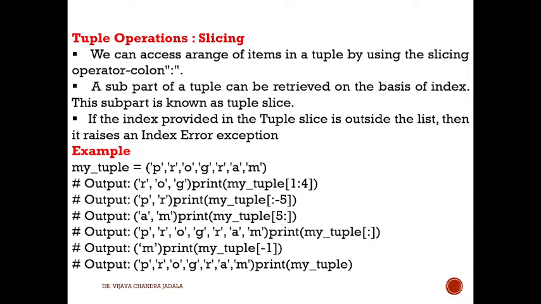my_tuple = ('p','r','o','g','r','a','m'). So for the output, if we give print(my_tuple[1:4]), that means the first index will be 0, then 1 is 'r', the second value will be 'o', and the third value will be 'g'.